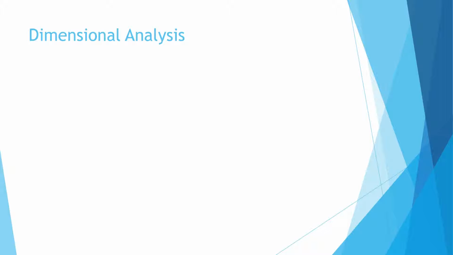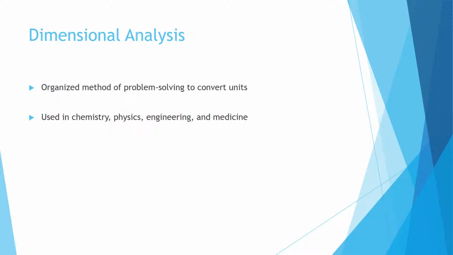Now, when we're converting units within science, we use a special method called dimensional analysis. All right, so this is an organized method to convert our units. Now, why is this important? Well, because in chemistry, physics, engineering, medicine, carpentry, welding, any of these fields, a lot of times you're going to measure units that you can't use in, let's say, your math or your calculations.